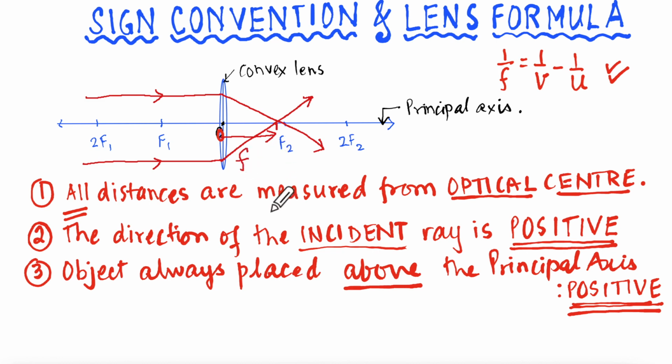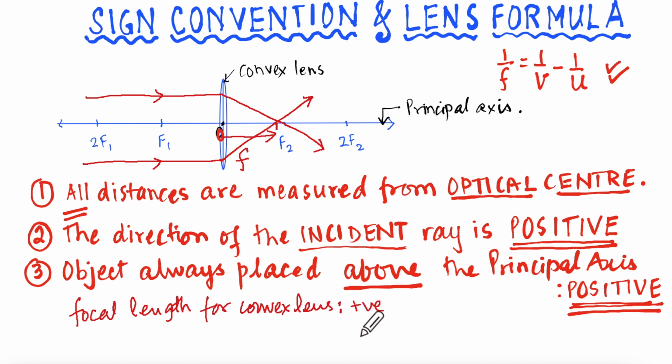So this is your focal length. The focal length for a convex lens is going to be this side, in the direction of the incident ray. So that is your positive focal length.